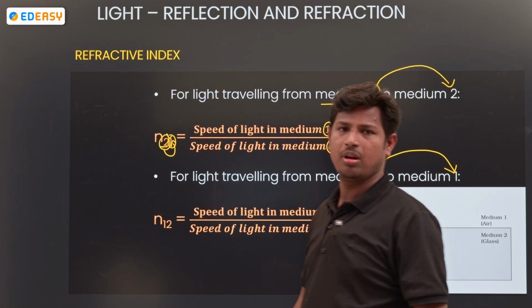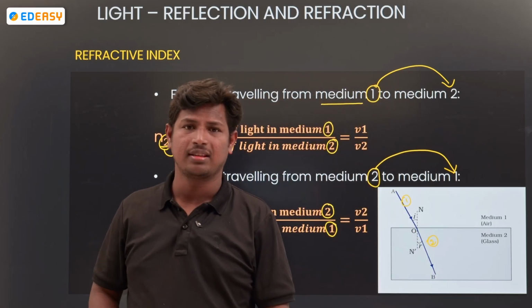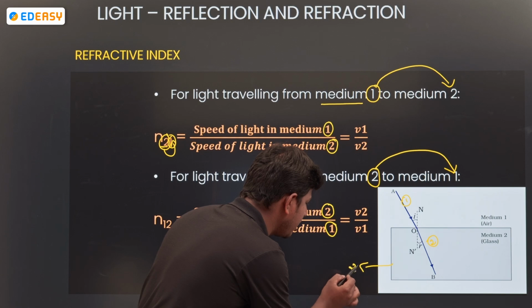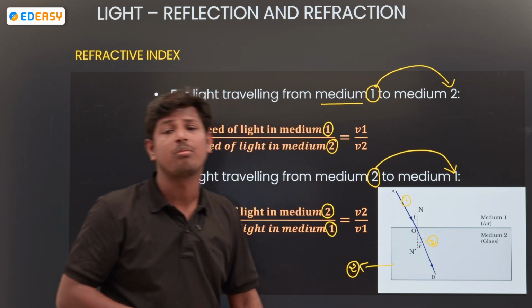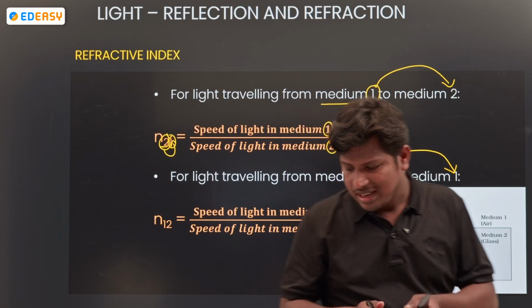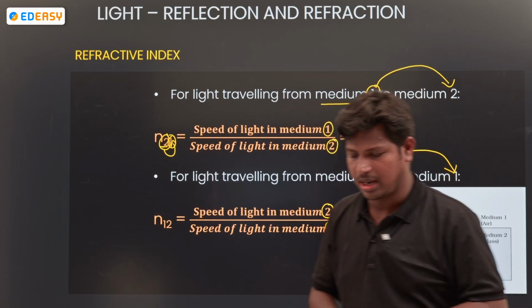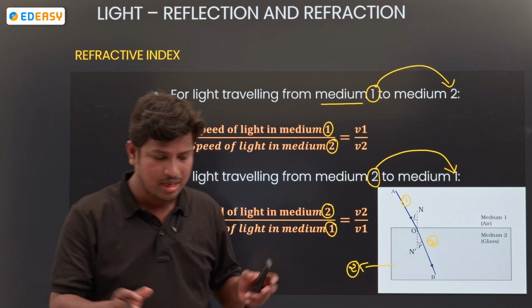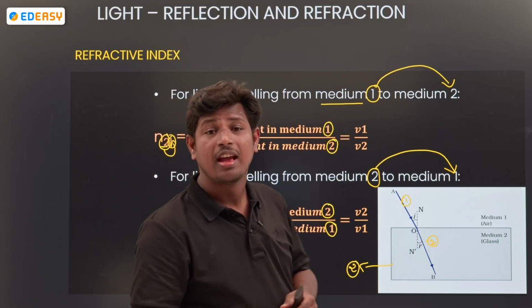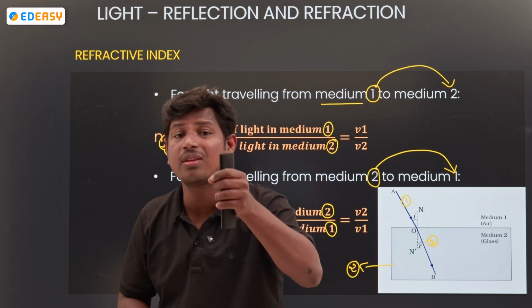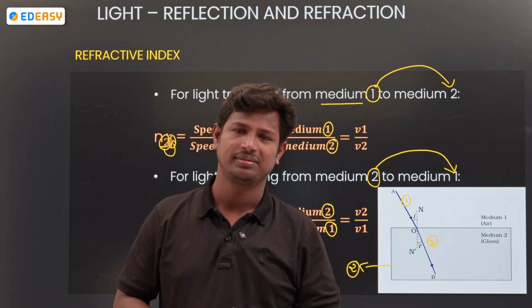For example, I would like to calculate the refractive index of the second material. Which formula do I have to take? Tell me, anybody from the comment section. I need the refractive index of the second material with respect to the first. Anybody from live? Second material refractive index is required.